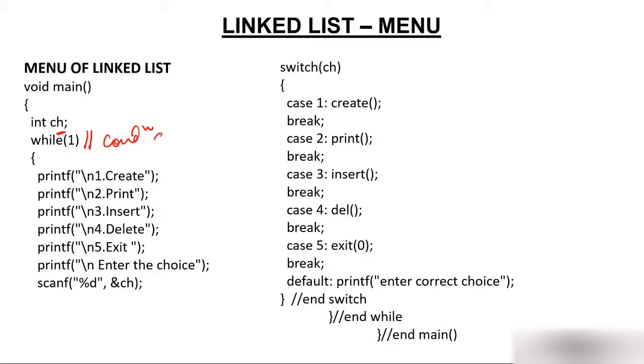You have different options: when you press 1 you get create, 2 print, 3 insert, 4 delete, 5 exit, and it asks you to enter your choice. Now your job is delete, so you will press 4. The moment you press 4, ch will have 4, the switch will jump to case 4, and in case 4 you are calling a function called del.